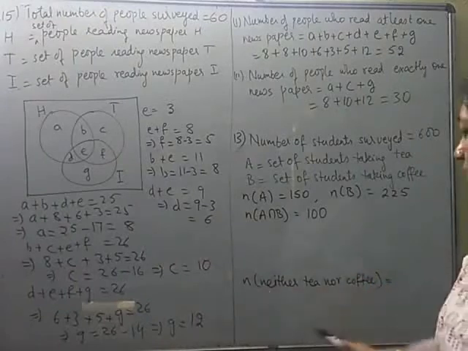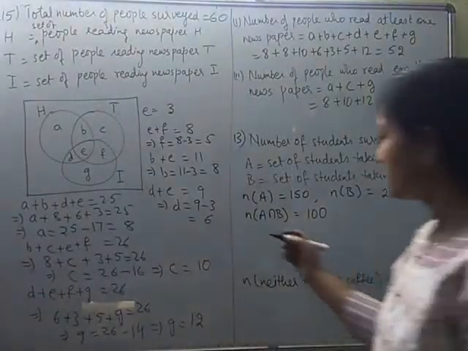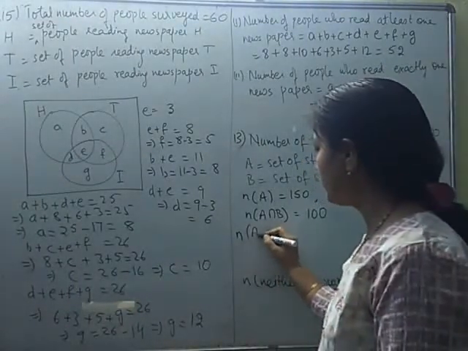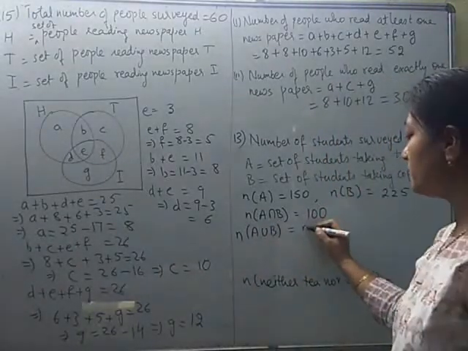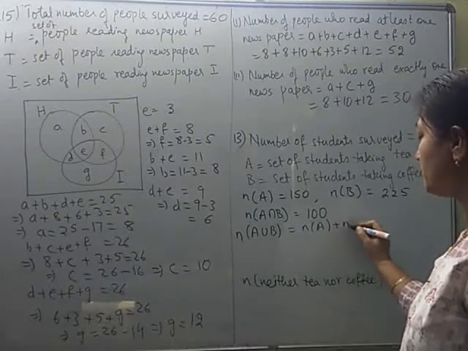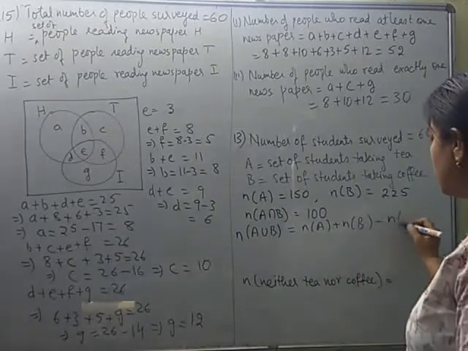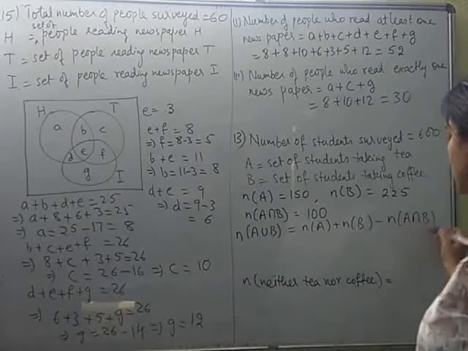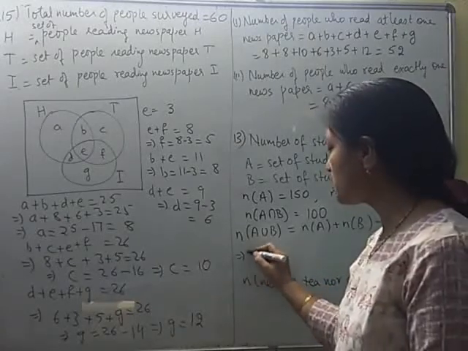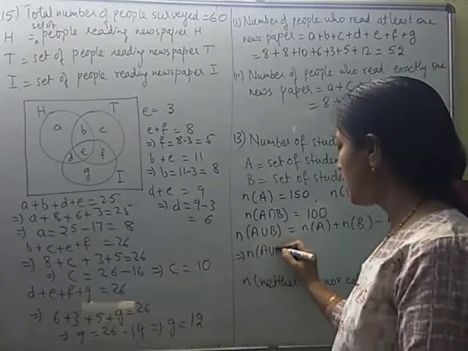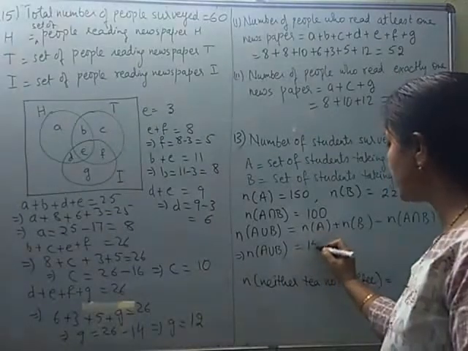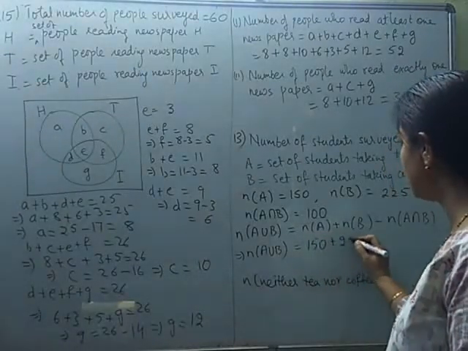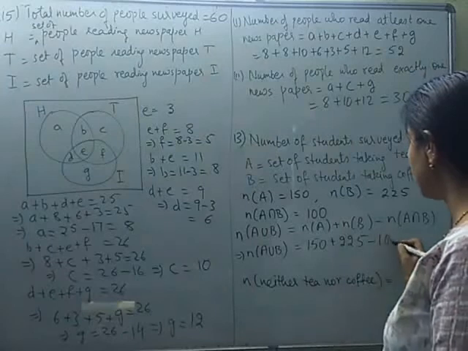But before we deal with this, we need to find something else. See, we have a relation that the number of students in A union B will be the number of students in A plus the number of students in B minus the number of students in A intersection B. This will help us to find how many people were taking either tea or coffee, that is A union B. So substituting the values and doing the calculation, minus 100 it will be fine.